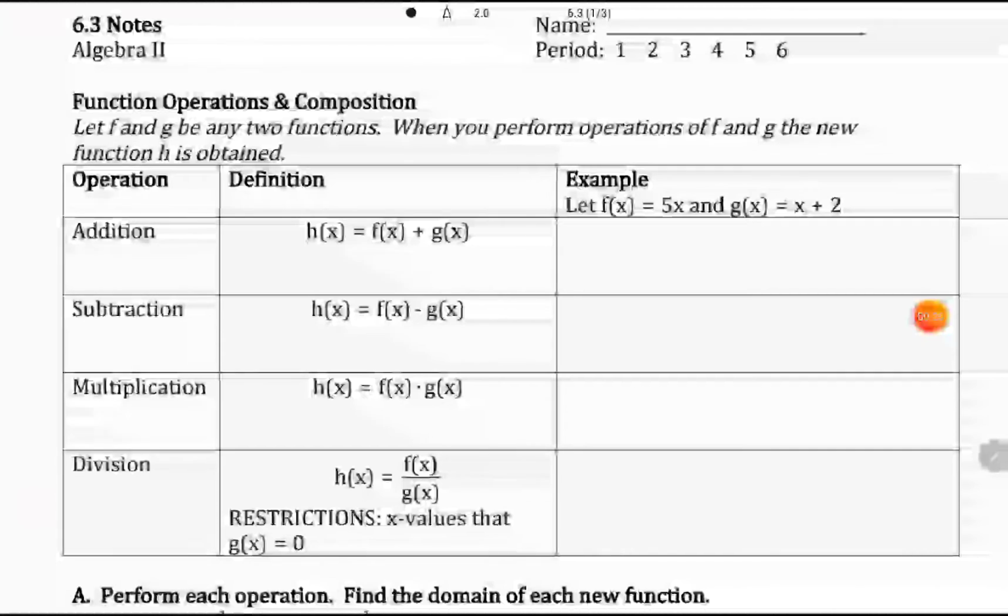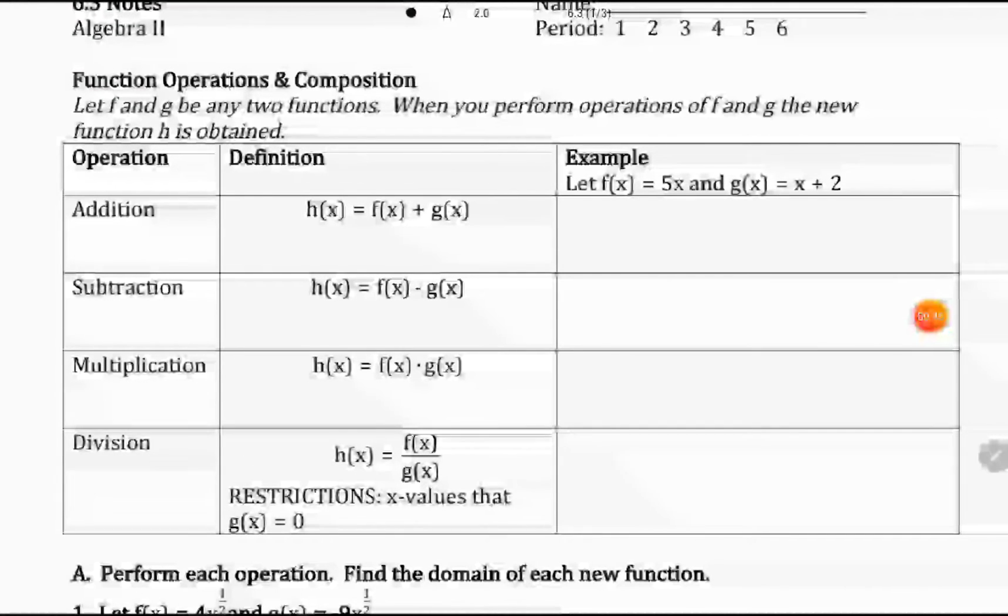Function operations and compositions. Let f and g be any two functions. When you perform operations on f and g, the new function h is obtained. You don't have to call it h; f, g, h is just alphabetical order. Example: addition. Add two functions together. We have f of x being 5x and g of x being x plus 2.